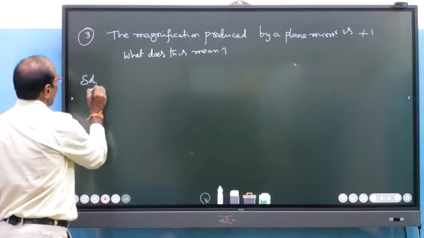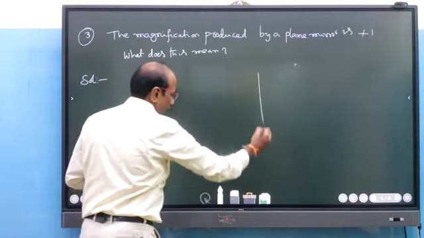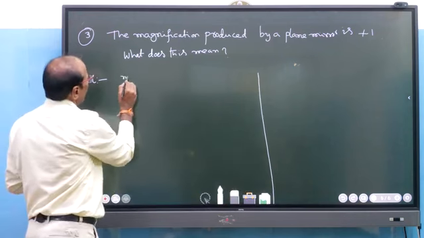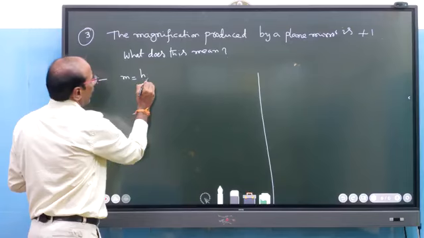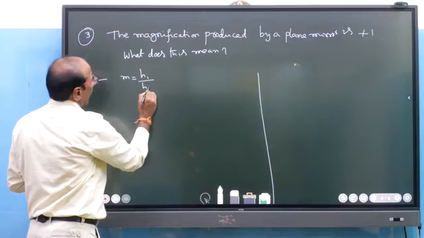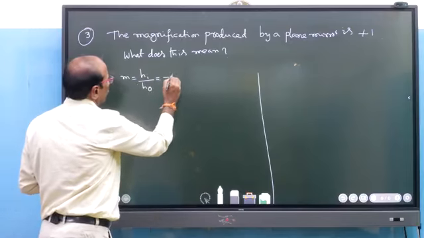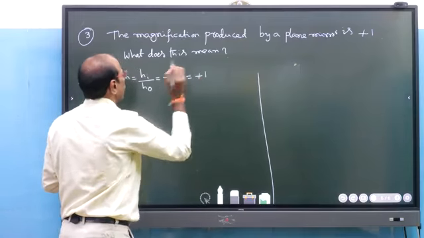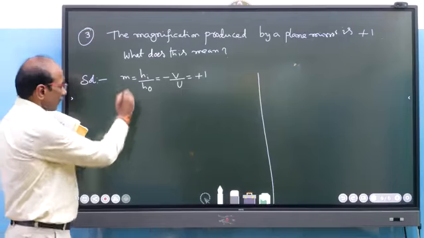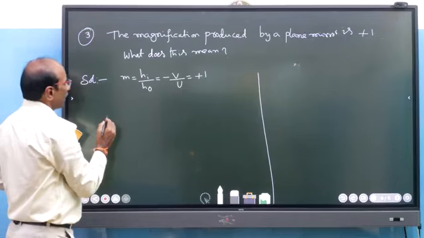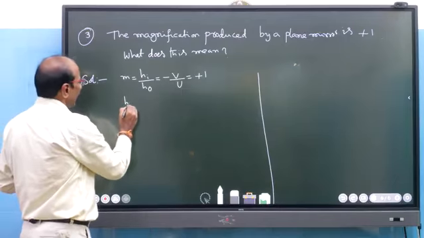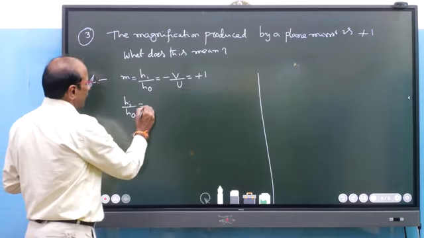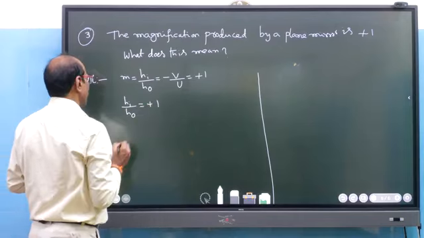The solution for this problem is as follows. Magnification m equals height of the image by height of the object equals minus v by u, equals plus 1. From this data, first I can write height of the image by height of the object equals plus 1.